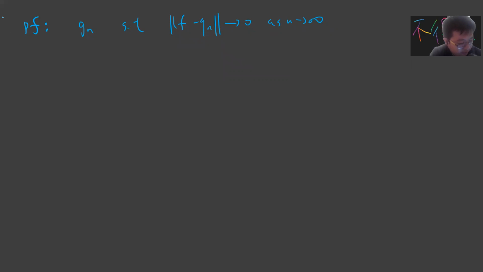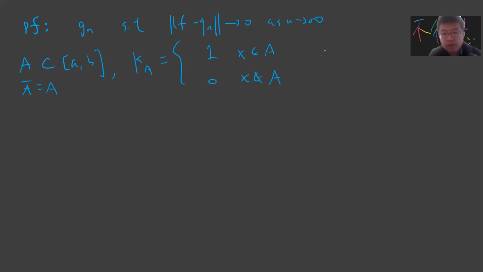The proof is very strange. Let's say A is a closed subset of [a,b], and I take K to be the characteristic function, which means x belongs to A gives 1, not belonging to A gives 0. And I define t of x to be the infimum of the distance |x minus y| for y belonging to A.